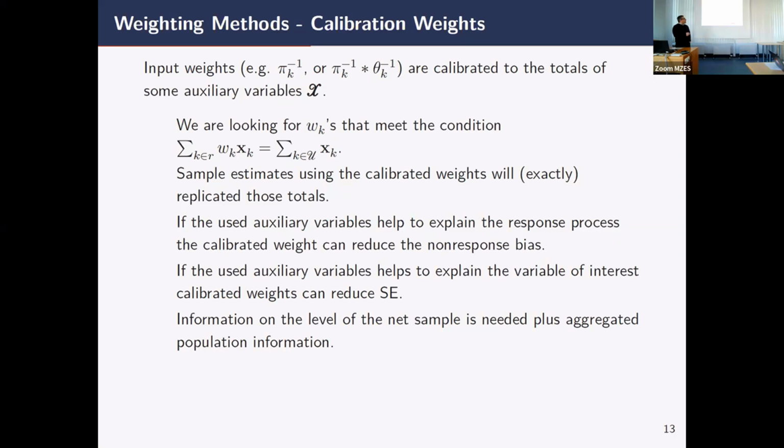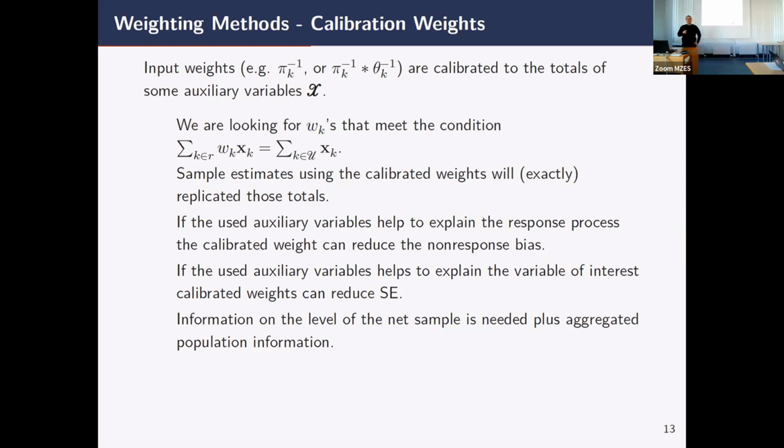So maybe you can employ more information or use a wider range of variables in your calibration than in your response propensity estimation, because information that is available in the sampling frame for each unit might be a little bit sparse. Okay, so what calibration does, if these auxiliary variables also explain the response process, same as the response propensity estimation, they help to reduce response bias or eliminate it. On top of that, calibration can also reduce the sampling or the standard error of your estimates.